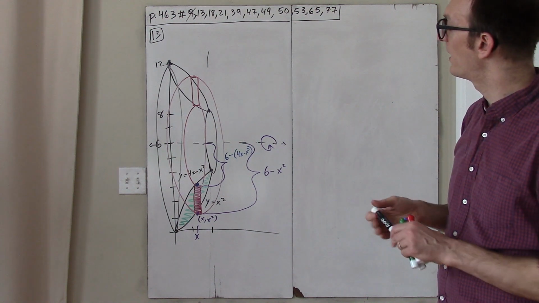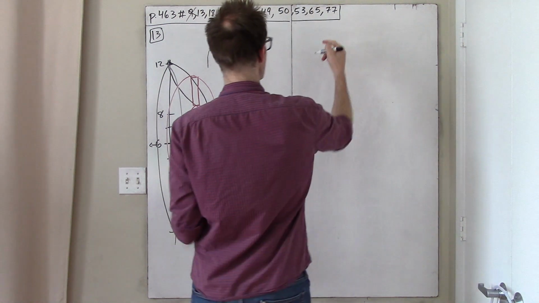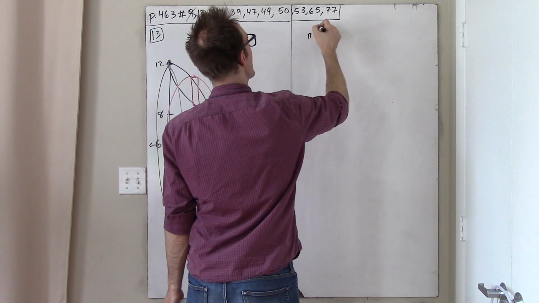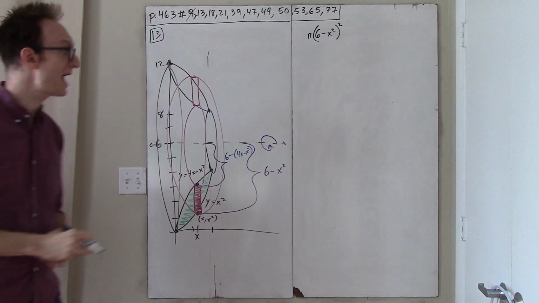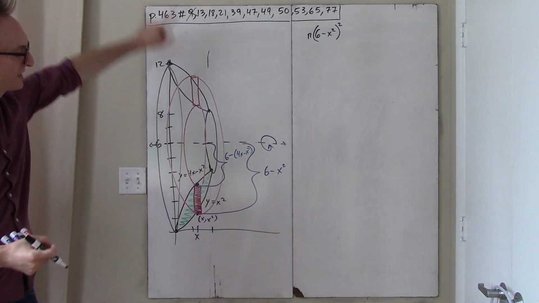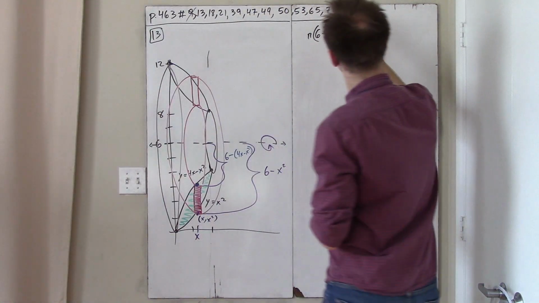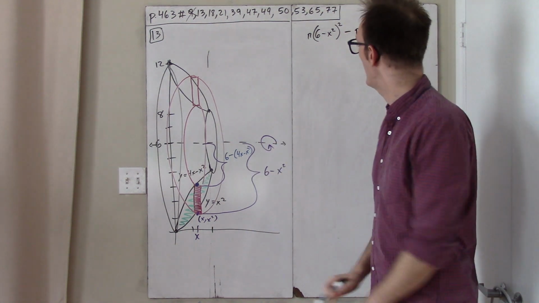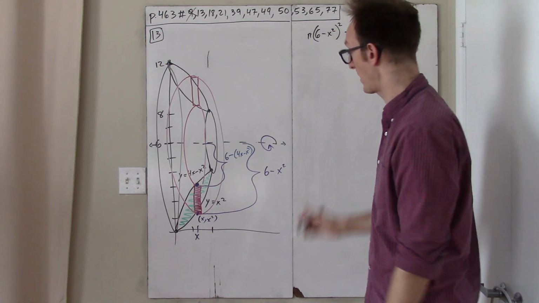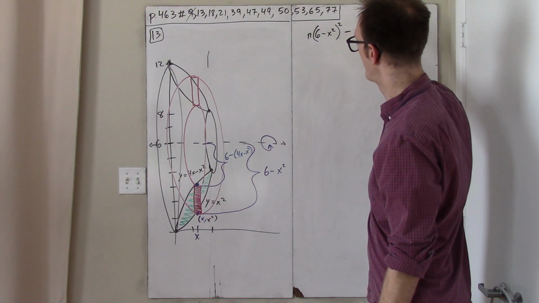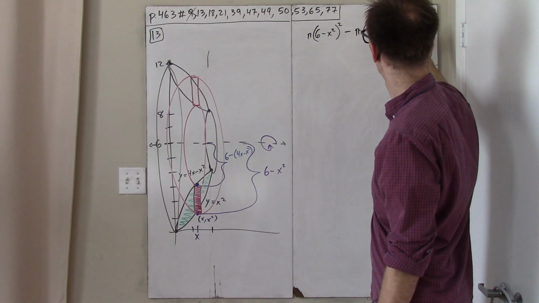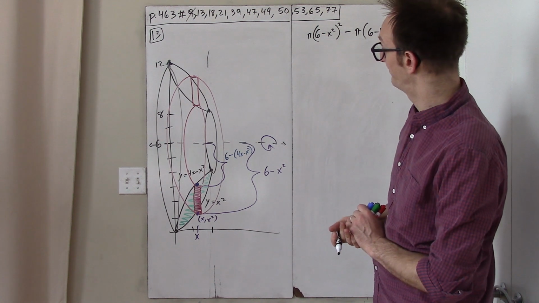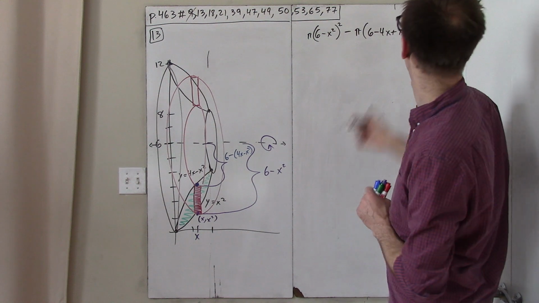Therefore, what should I be doing now? Well, I should be taking the outer radius, which is 6 minus x squared, squaring it and multiplying by pi. So that's pi r squared, which gives the area of the outer circle, and I need to subtract from that the area of the inner circle, which is pi times the inner radius squared, which is (6 minus 4x plus x squared) squared.